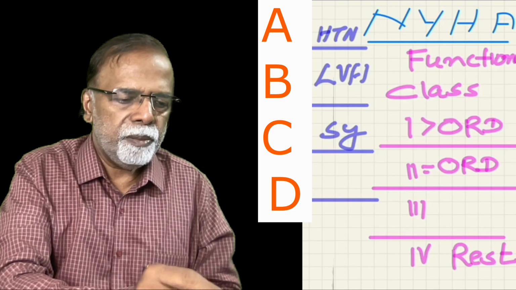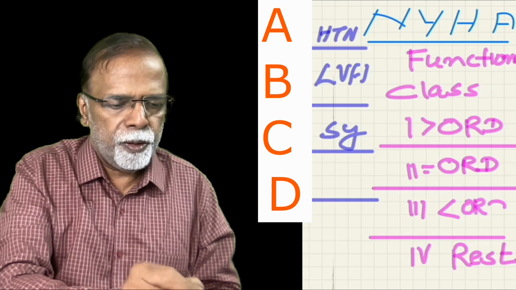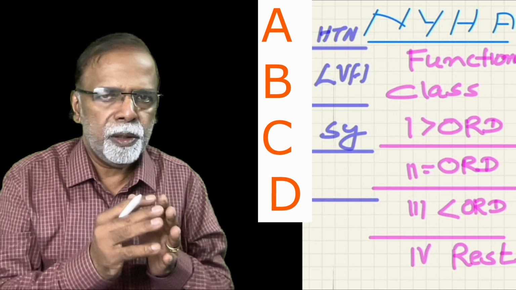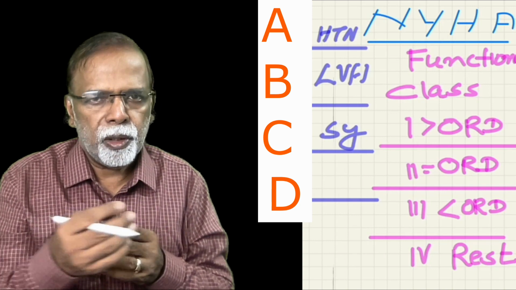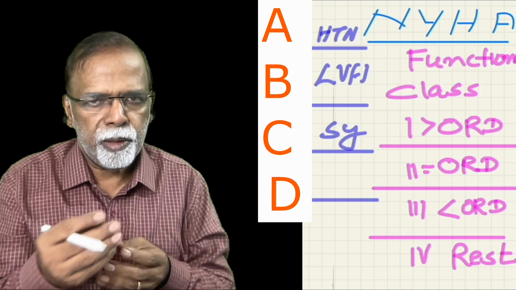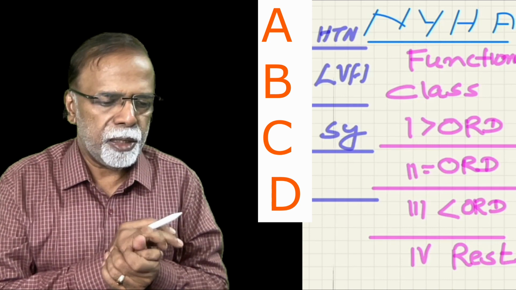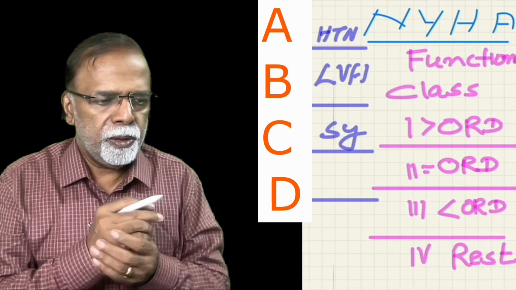And class 3 means less than ordinary activities. So at rest, the patient is comfortable, but when they do the ordinary activities of daily life, going to the toilet, taking a bath, routine activities will produce symptoms. That is class 3. Class 4 we have already discussed.